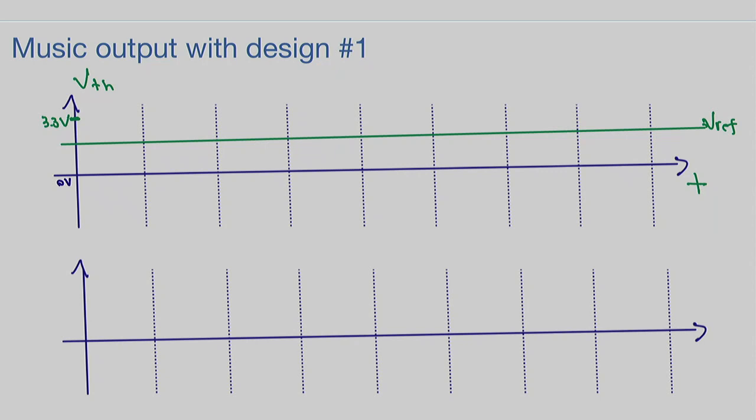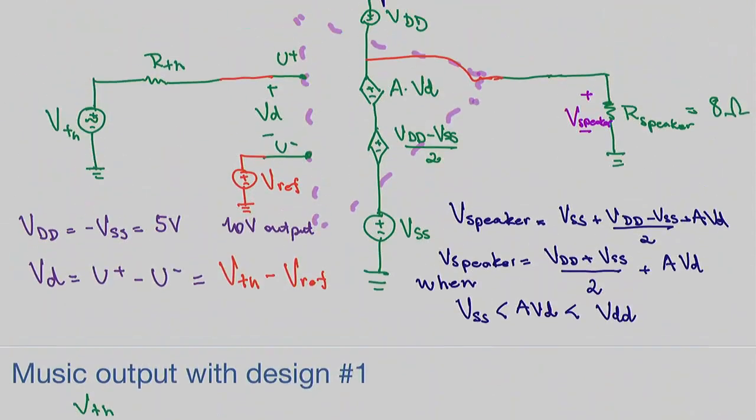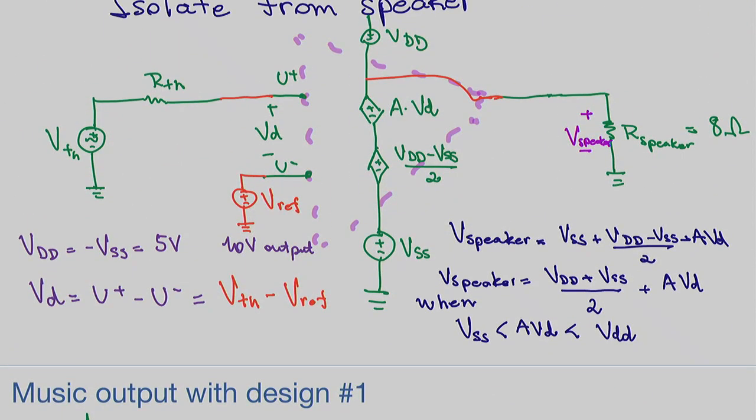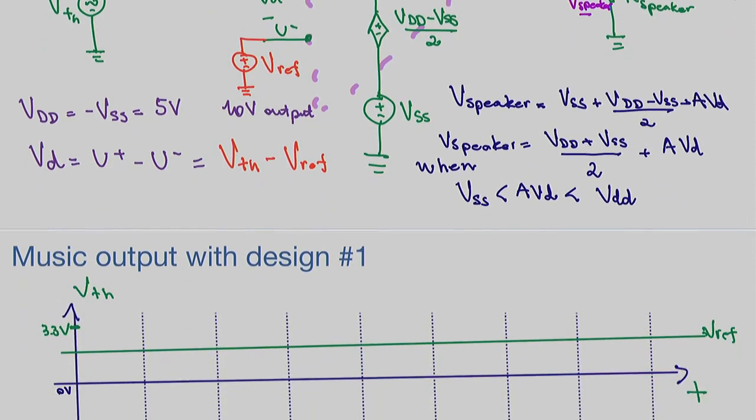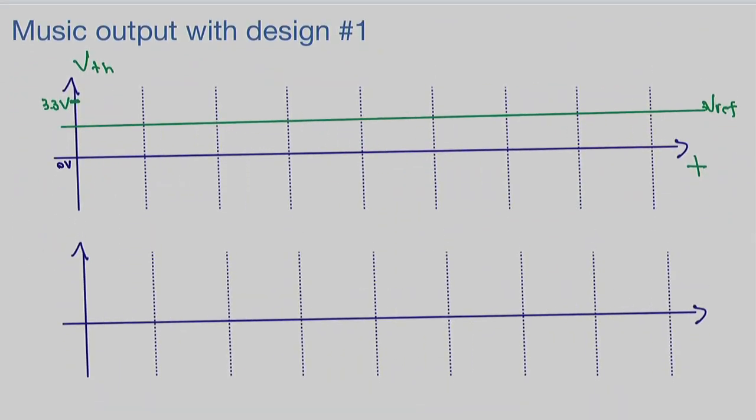And what do we know? We set our circuit such that when the signal is higher than Vref, it goes to VDD. And when the signal is lower than Vref, it goes to VSS. That's the reason to put that Vref there.